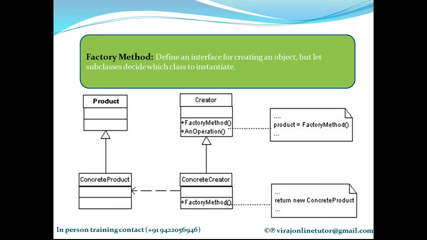The first implementation says, make the creator an abstract class and do not provide an implementation of factory method in it. It is exactly same as my UML diagram here.